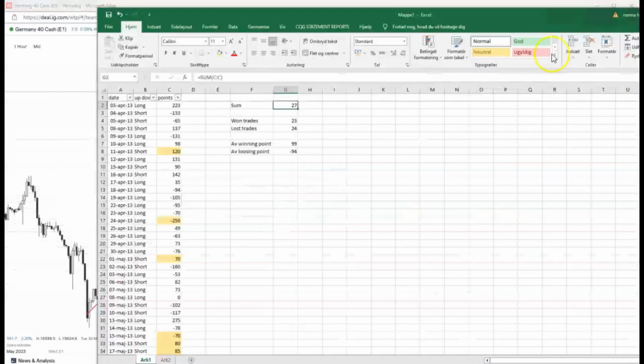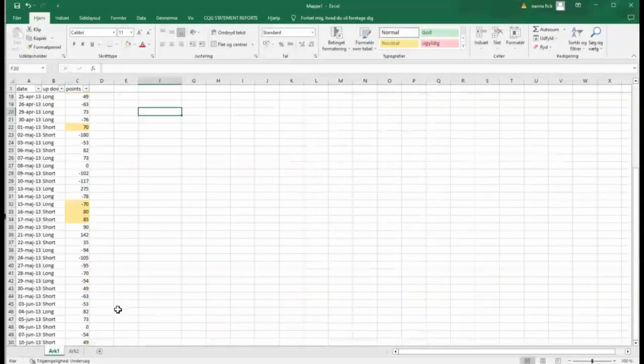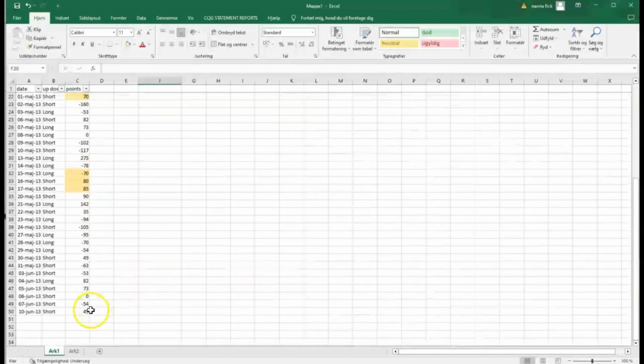Otherwise, there would be a lot of these trades where I would have been stopped out, which would have increased, maybe this one, I would have had minus 20 points instead, and this one, minus 10 points instead.